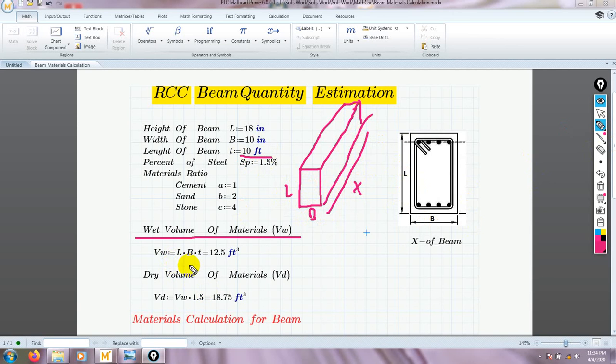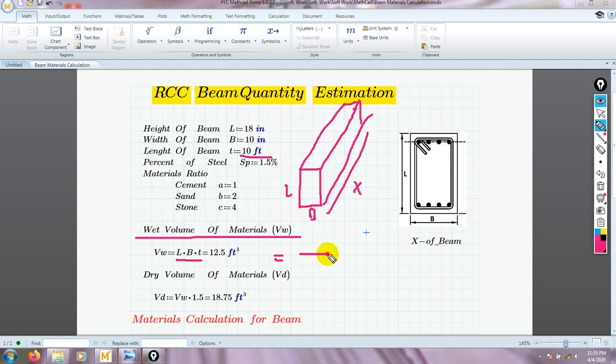So here our volume will be L into B into T. Here T is in feet but L and B are in inch, so we have to write the equation like that.